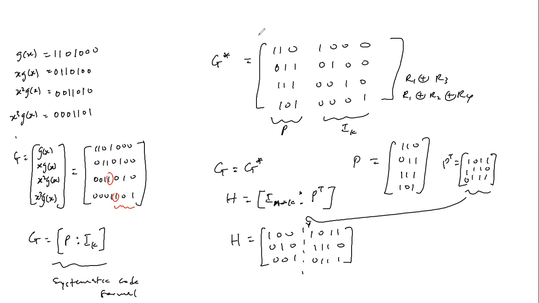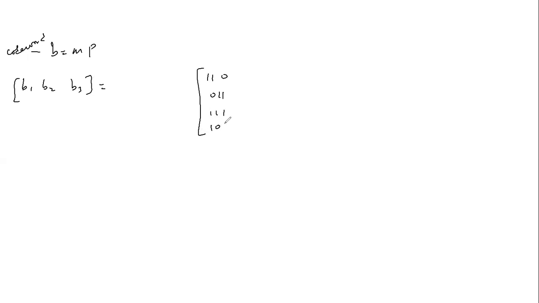Now recall, don't forget this, the parity matrix. Recall that the code word B is given as the message bits times the parity matrix, such that B1, B2, B3, which are the parity bits, is equal to, looking at the parity matrix 1, 1, 0, 0, 1, 1, 1, 1, 1, and 1, 0, 1.